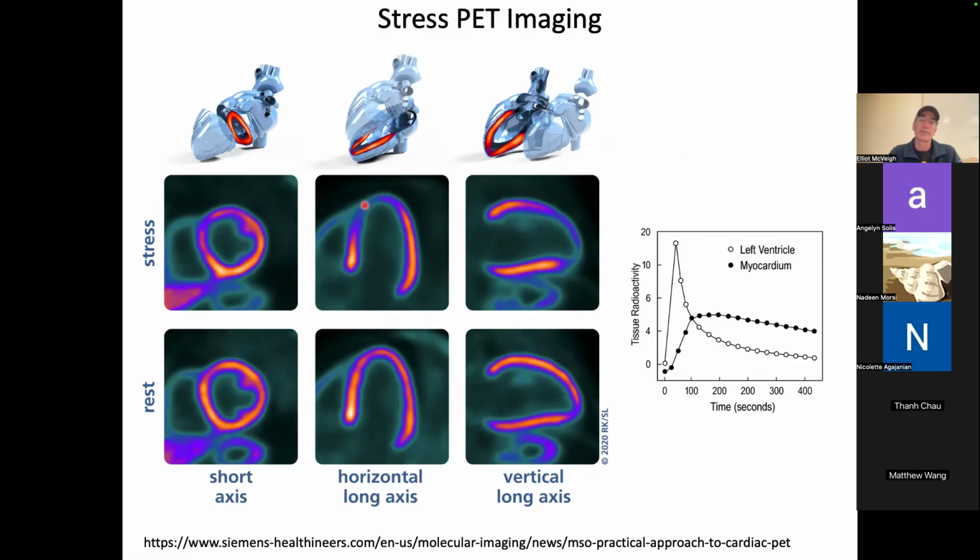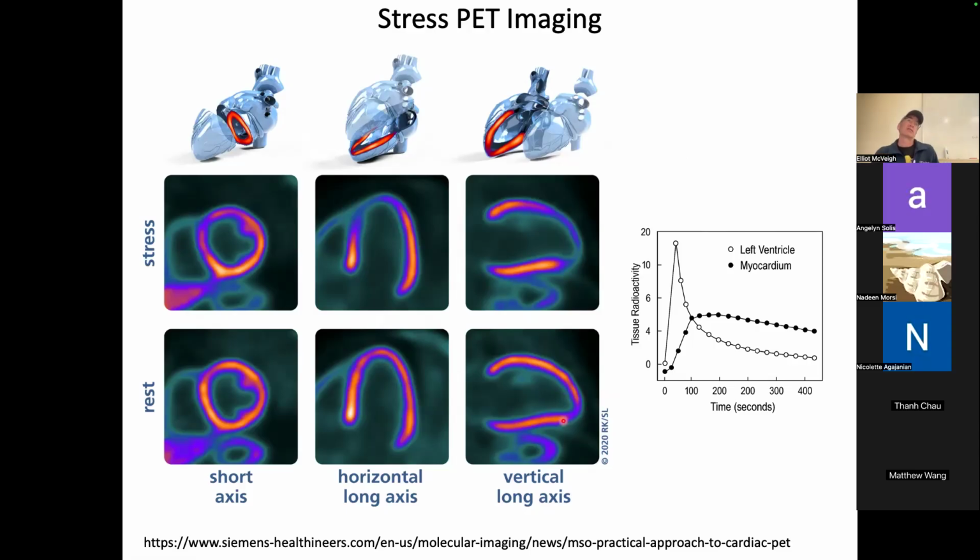And it looks like at the apex of the heart towards the septum, there is an area where the uptake is considerably lower than the rest of the myocardium. Also at the apex down here, there seems to be something that's critically low. When we let the patient recover and rest and we image again, we see that those flow deficits resolve.